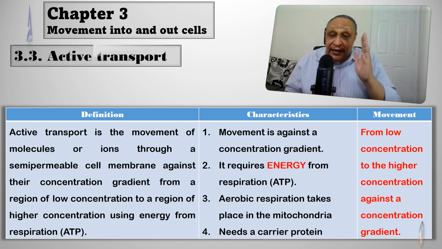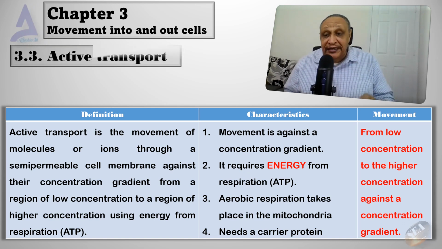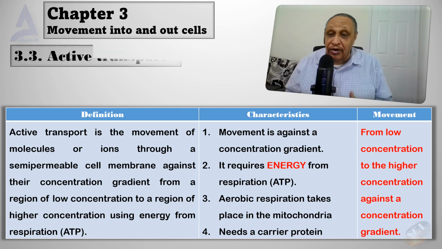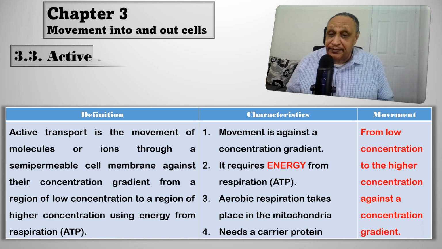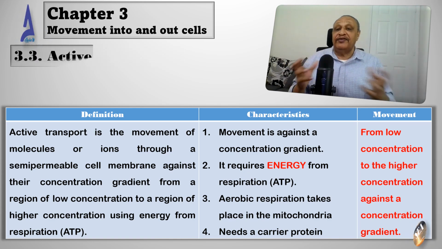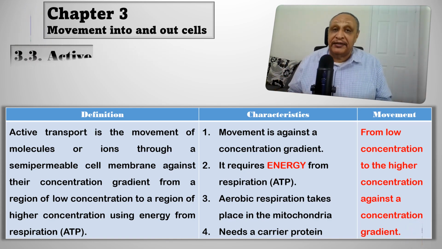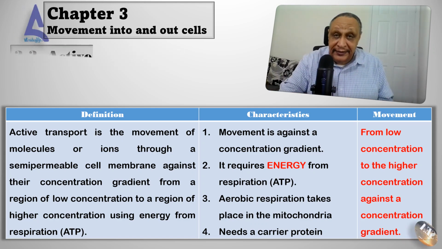The third important thing is that it needs a carrier protein. There is no need for diffusion to use a carrier protein, and no need for osmosis to use a carrier protein. So those are the important differences between the three types of movement of particles into or outside the cell.